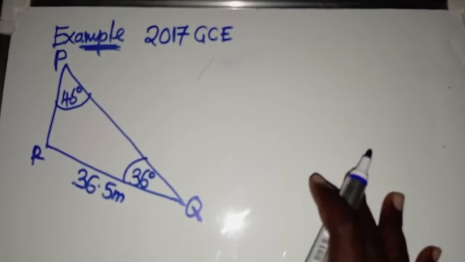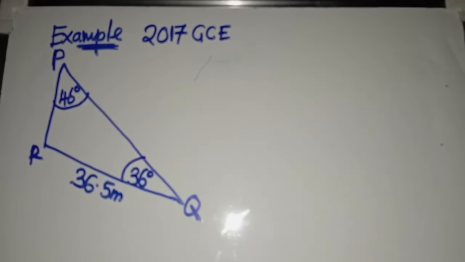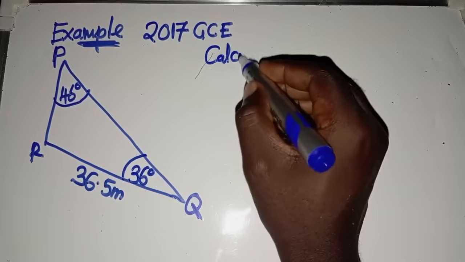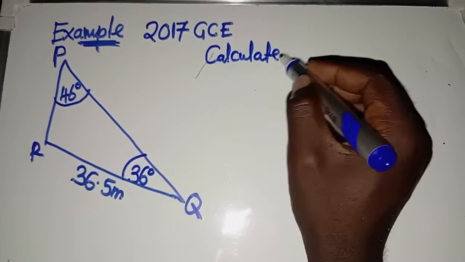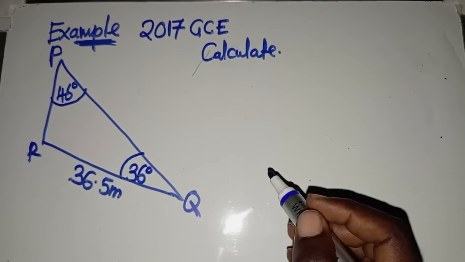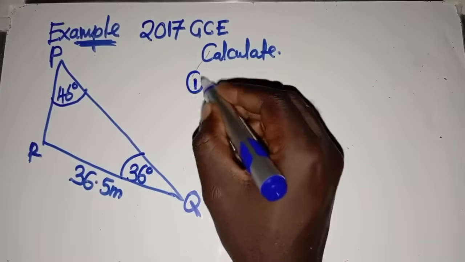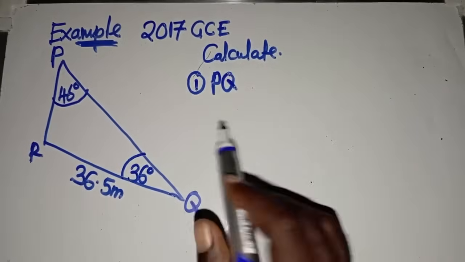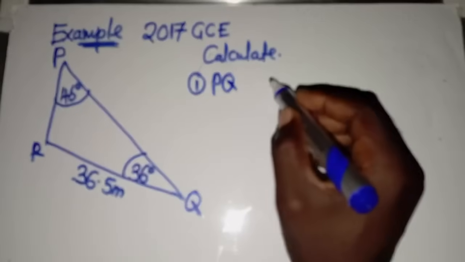Since you've been with me all this while, I'll just answer the first question, and the other questions you answer as exercise, because I've taught and you need to practice. Question 1 was saying calculate PQ, and this carried 4 marks.